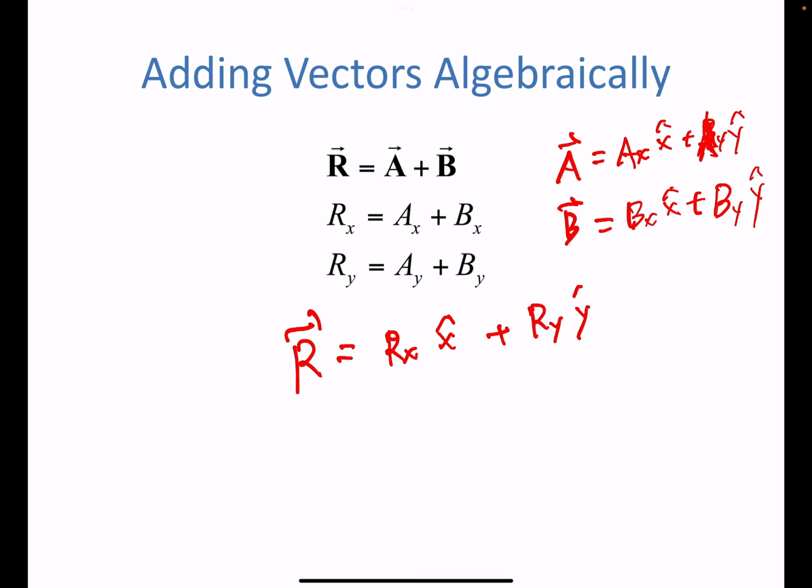So A plus B, R of course, would be Rx in the x direction, Ry in the y direction, and then Rx equals Ax plus Bx, Ry equals Ay plus By.